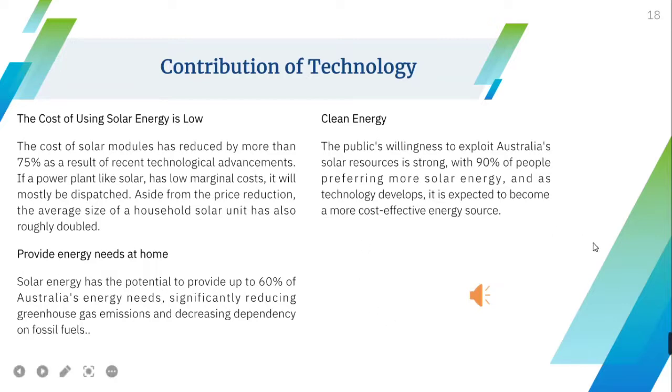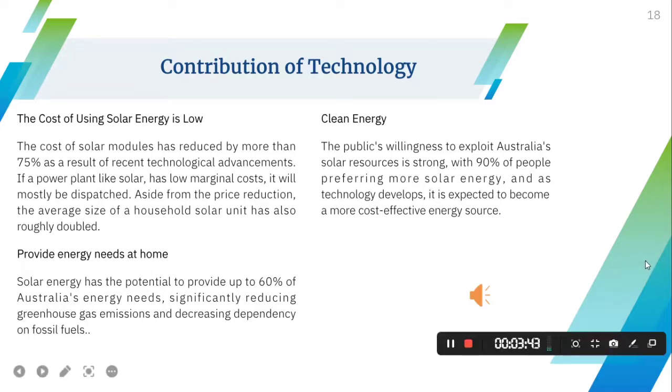And for the environmental contribution, solar thermal is clean energy because the public willingness to exploit Australia's solar resources is strong. With 90% of people preferring more solar energy, and as technology develops, it is expected to become a more cost-effective energy source.